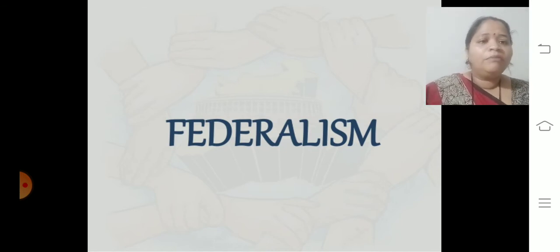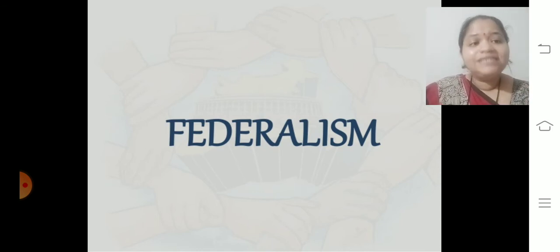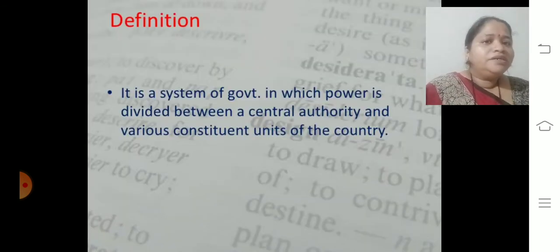But before talking about federalism, let's discuss what the meaning of federalism is. Children, federalism is a system of government. If you remember, in the last chapter we read about power sharing and how power sharing is important.